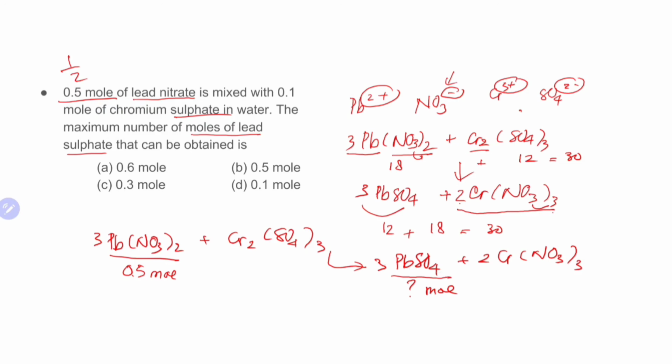Then we notice the coefficient is 3 and for the Pb nitrate data, the coefficient is 3 as well. So the number of moles will be the same, because the ratio of coefficients is the ratio of moles of the substances. So we get 0.5 mole. So the answer is B.